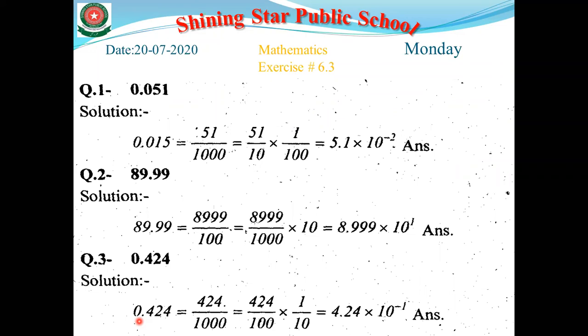So our second condition is false, because in this question we have 0 before the point. But we know that before the point we only have digits from 1 to 9. So we move the point from 0.424 to 4.24. So we move the point to the right side by one step.